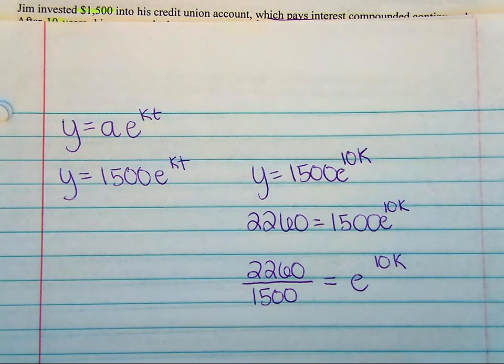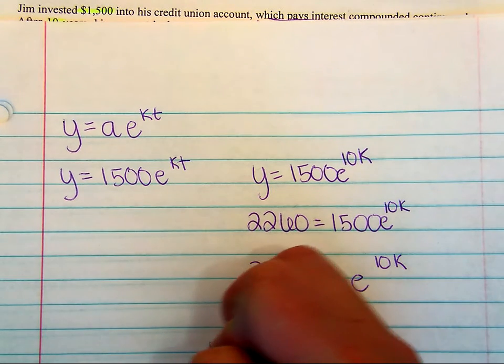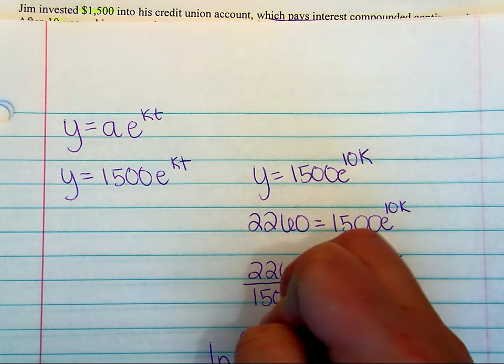Now I recognize that this is an exponential function, so I know that to undo an exponent, I'm going to take a logarithm. I also know that because that's base e, I'm going to use a special case logarithm, and that's going to be the natural log. So I'm going to take the natural log of both sides.